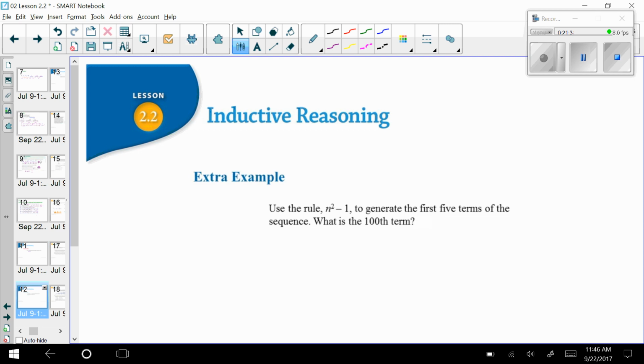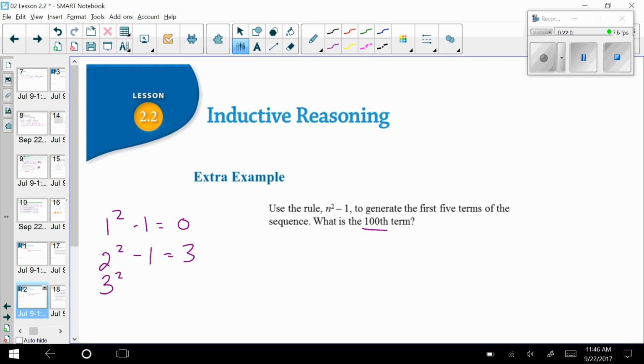And then in the next example, it says to use the rule of n squared minus 1 to generate the first 5 terms of the sequence. And then it asks, what's the 100th term? So the first term would be 1 squared minus 1, which would be 0. The second term would be 2 squared minus 1, which is 4 minus 1, which is 3.